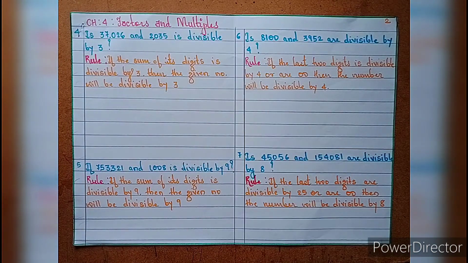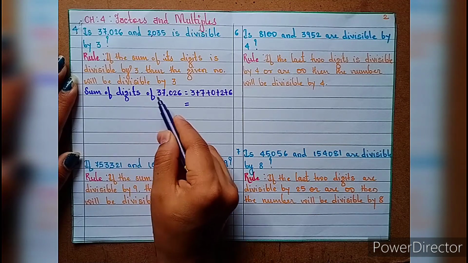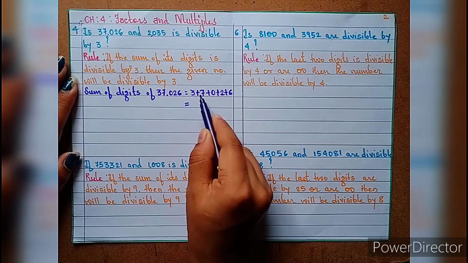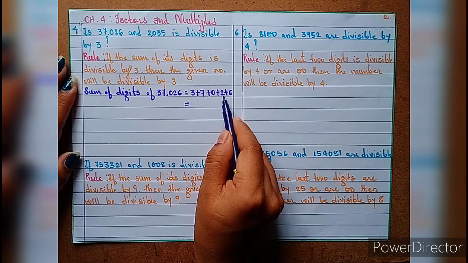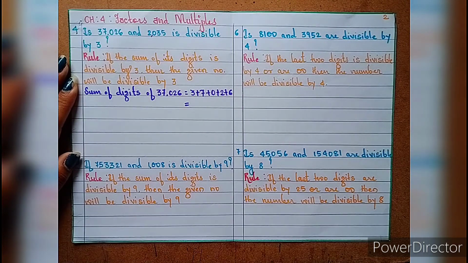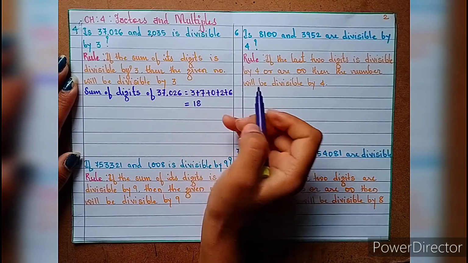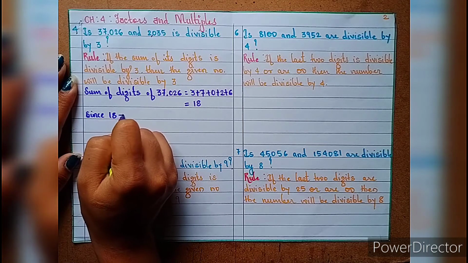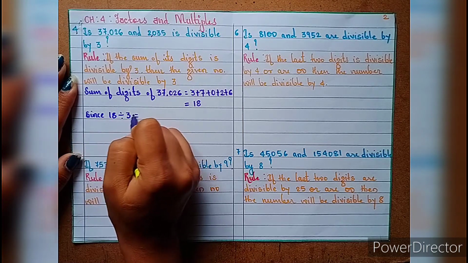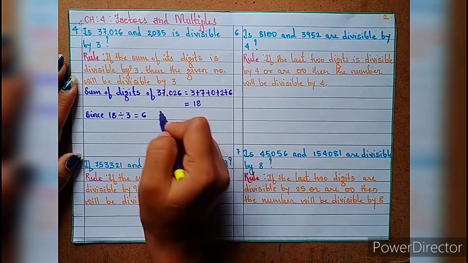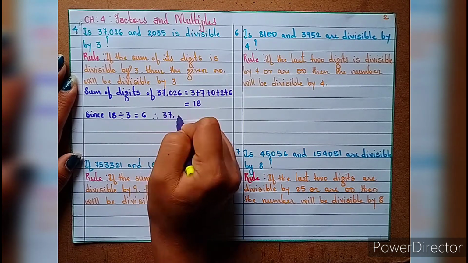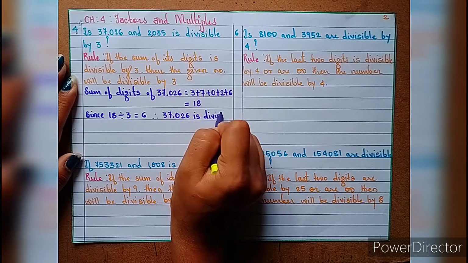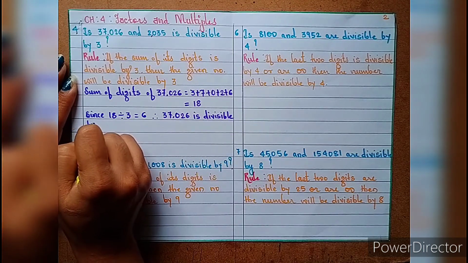So let's do now. Just see, sum of digits of 37,026 equals 3 plus 7 plus 0 plus 2 plus 6. So 7 plus 3 is 10, plus 2 is 12, plus 6 is 18. And you know that since 18 is divisible by 3, therefore 37,026 is divisible by 3.